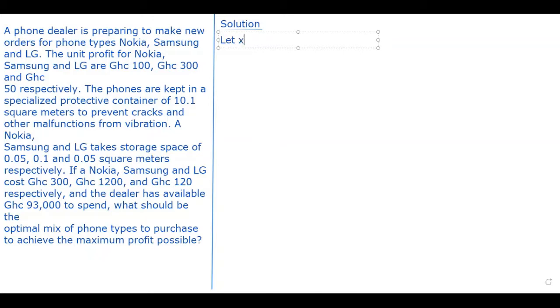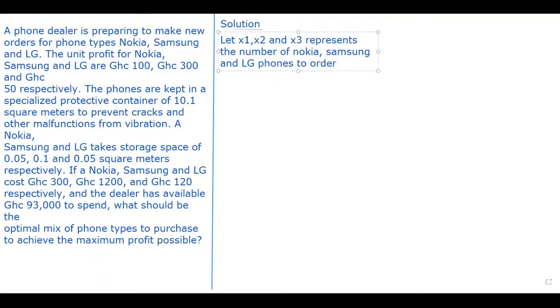Okay, so we let X1, X2, and X3 represent the number of Nokia, Samsung, and LG phones to order. All right. So this is the unknown quantity to order. You get it?